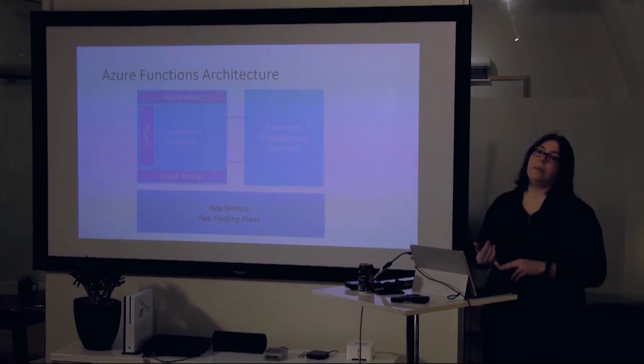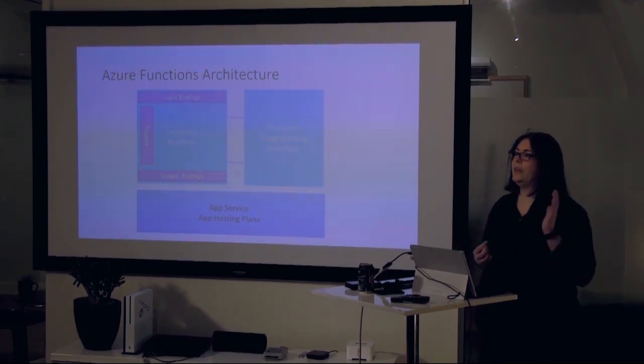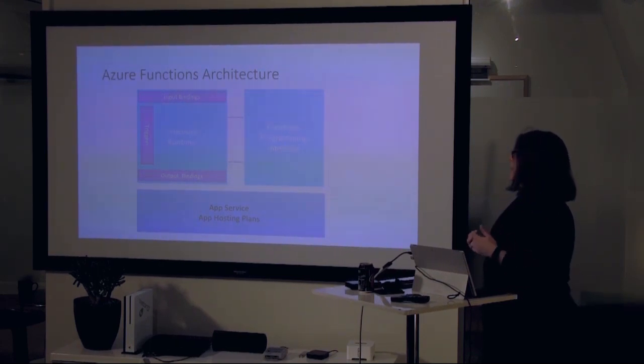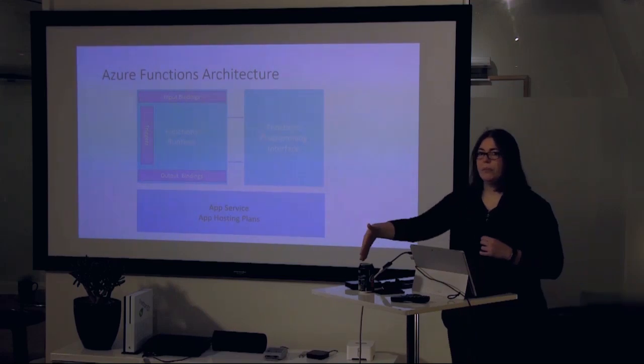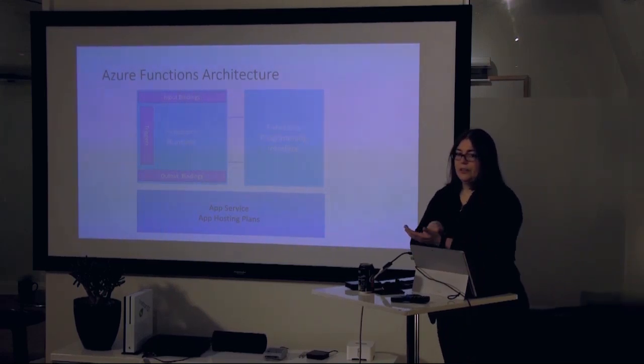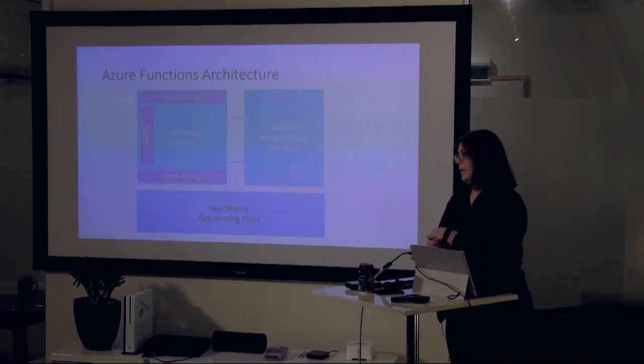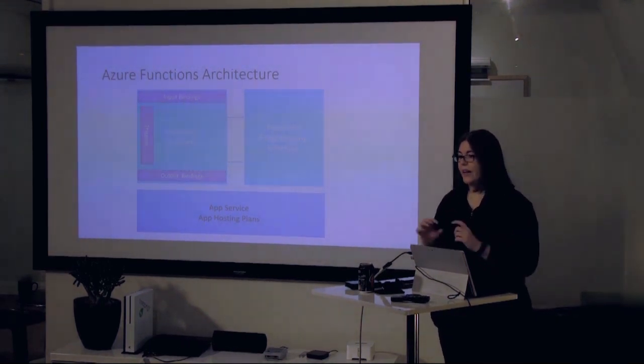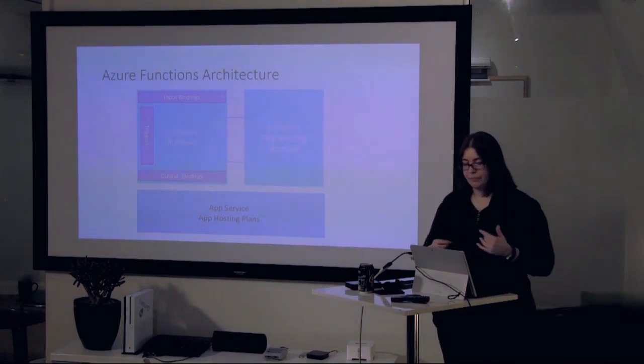So it could be a timer. So I could say every night at midnight, run this function. Or it could be an HTTP endpoint. So maybe someone has a mobile app and they just go to an endpoint, and once that request comes in, it kicks off that single Azure function within the app.